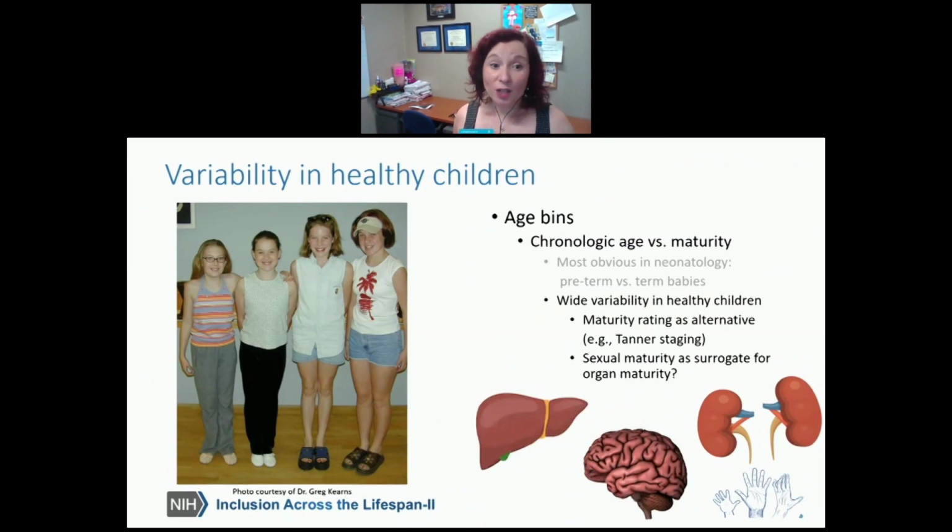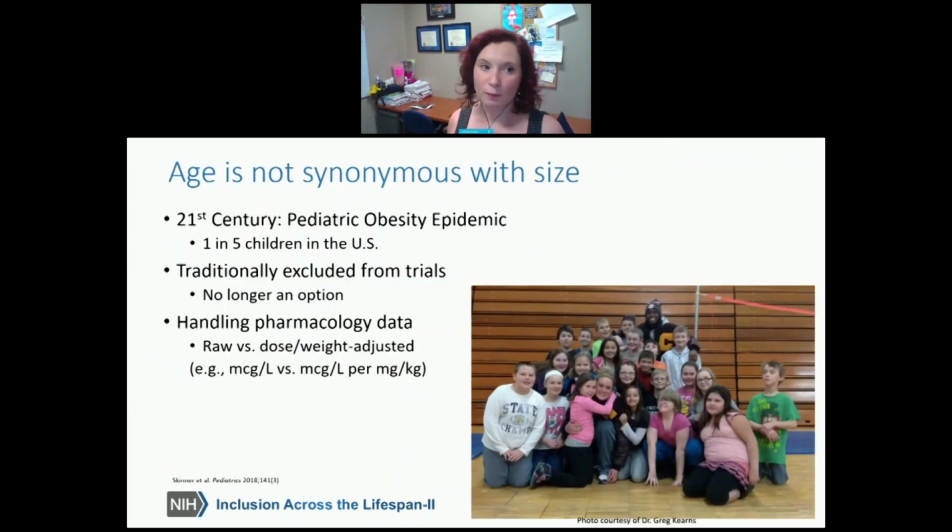Perhaps the adult-like liver and kidneys are okay in a 12-year-old, but certainly the brain maturation of a 12-year-old, even though they may be adult-like on Tanner staging, is nowhere near adult level. So we really have to be careful about extrapolating to other organ systems and be thoughtful about it.